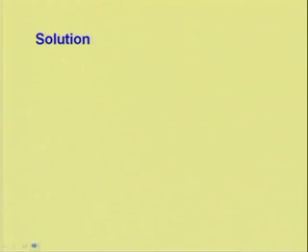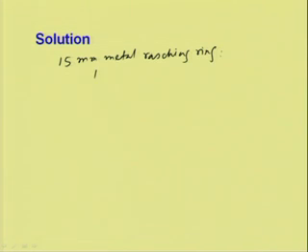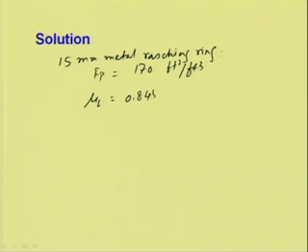Now, for the 15 millimeter metal Raschig ring, Fp is given, which is 170 feet square per feet cube, and mu L is 0.845 × 10^-3 Pascal second.